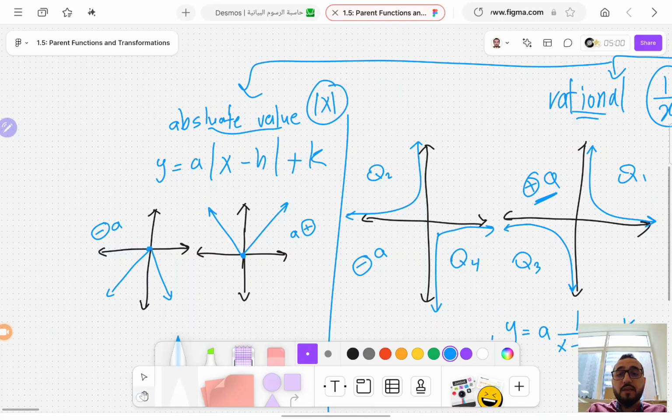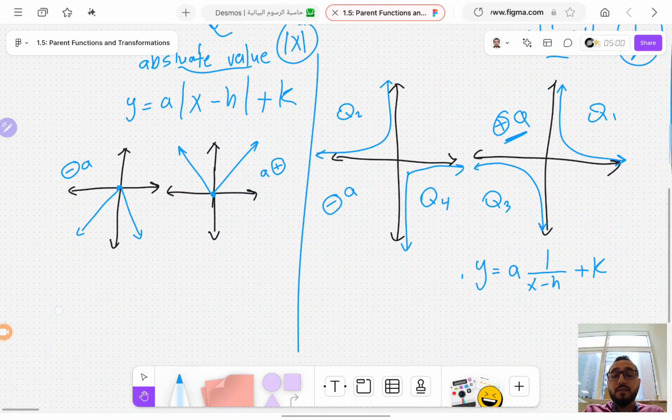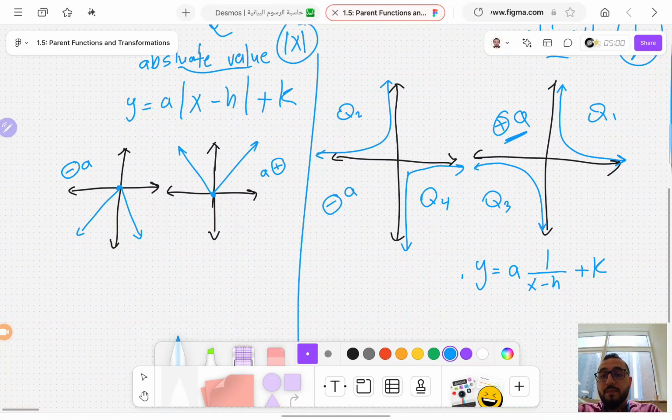I hope you understand this, and if you need anything, please tell me. But last thing, how can we graph the absolute value? It's an easy way. First you identify h and k. After you identify h and k, you don't have to make a table, just look at a. A is like a slope, rise over run. First you put h and k.